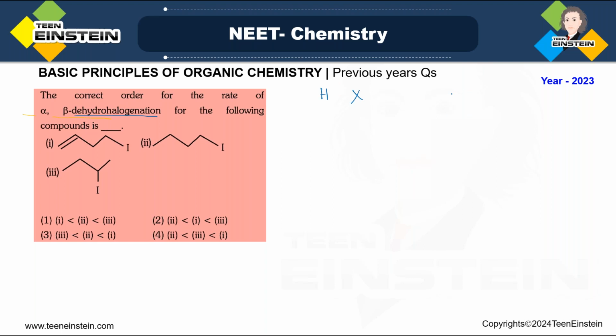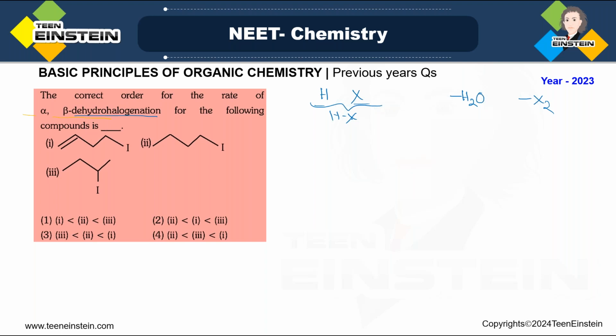Just like we say dehydration, dehydration means minus water. If I say dehalogenation, that means minus halogen, 2 halogens together. So when I am saying dehydrohalogenation, that means here H and X in the form of HX will be removed from the molecule.